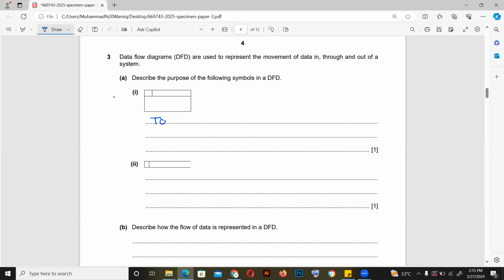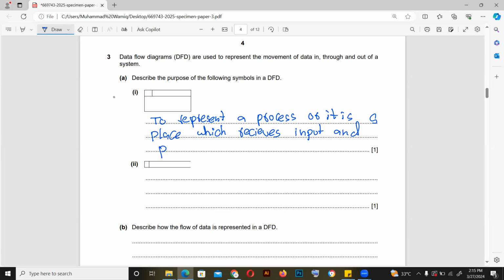This is used to represent a process, or it is a place which receives input and produces output.